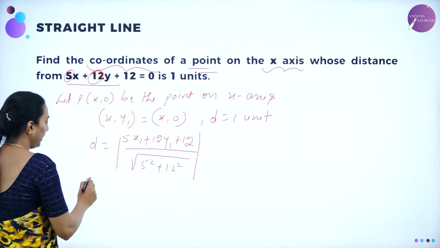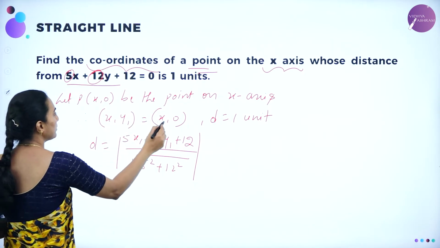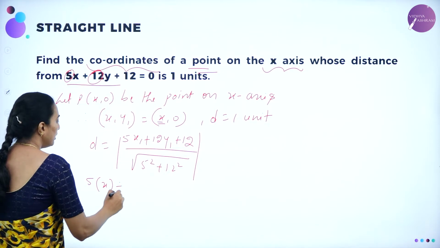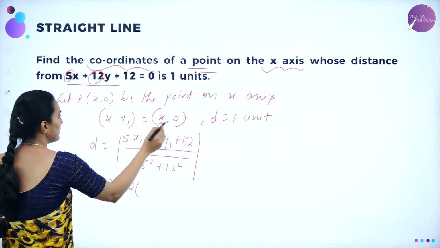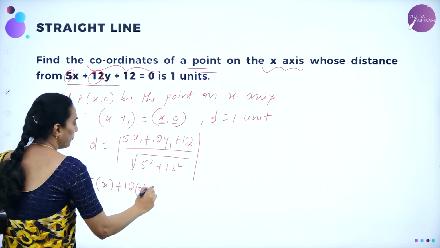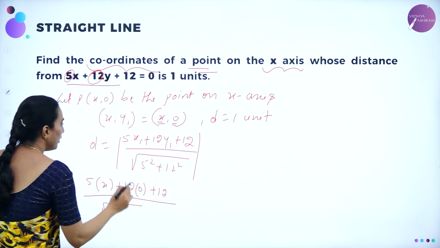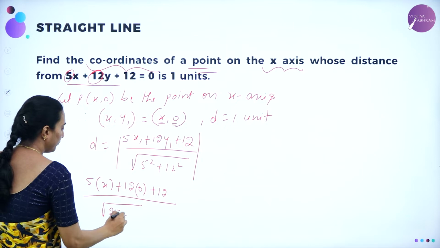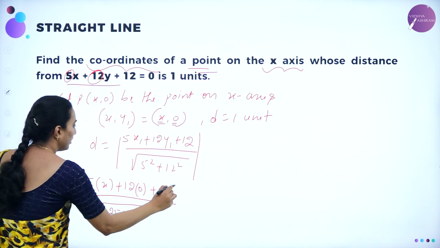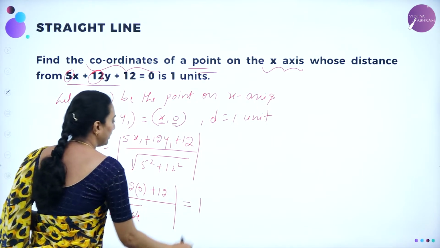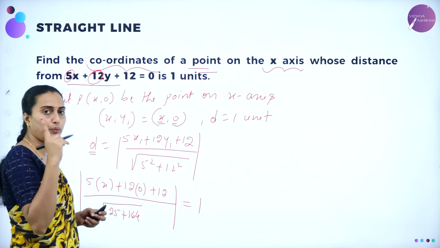Therefore, equating 5 into x1 value, which is nothing but x, plus 12 into y1 value, which is 0, plus 12, divided by square root of 5 squared, which is 25, plus 12 squared, which is 144, is equal to 1 unit, because they have given d is equal to 1 unit.